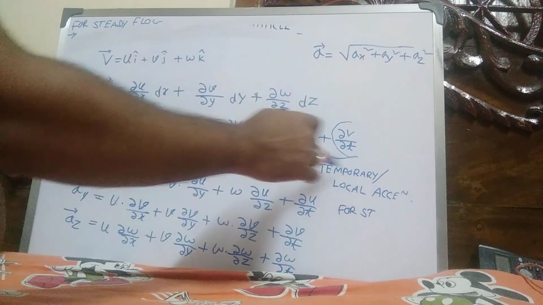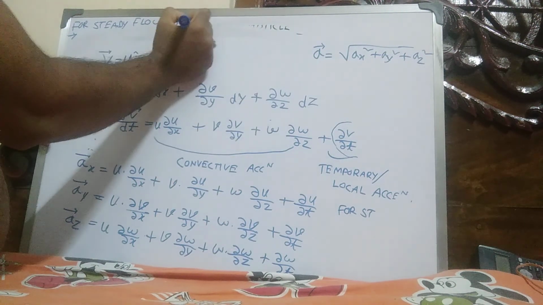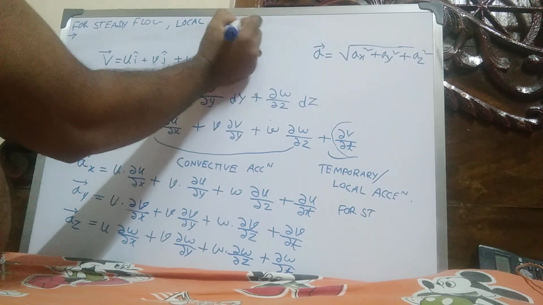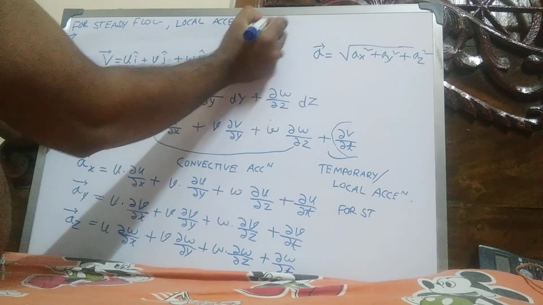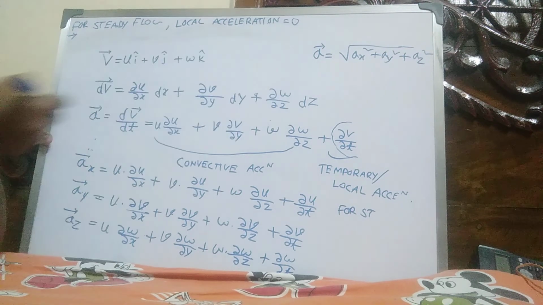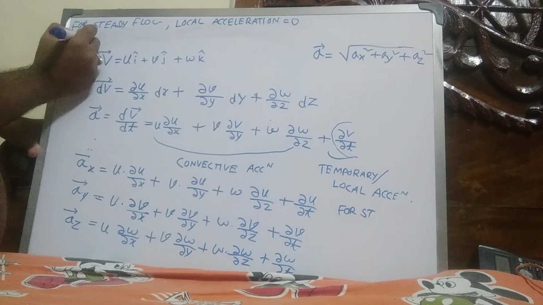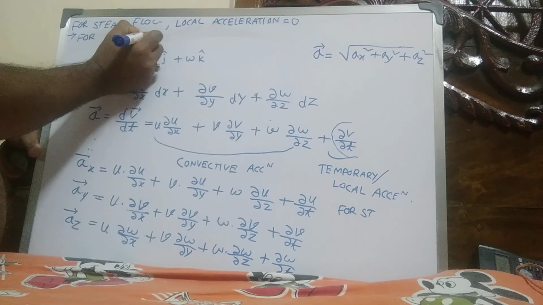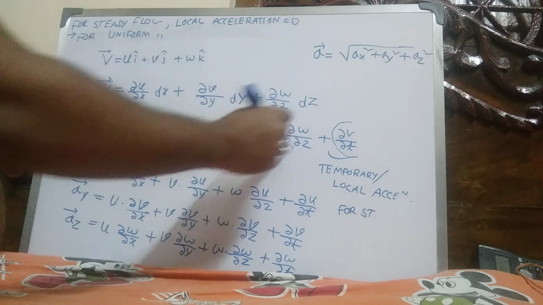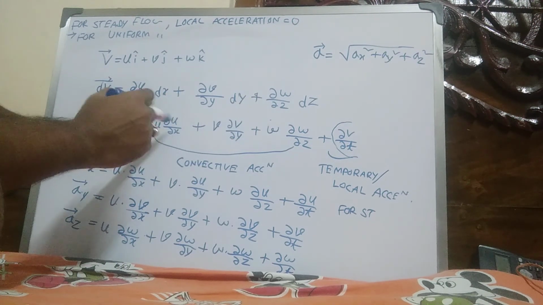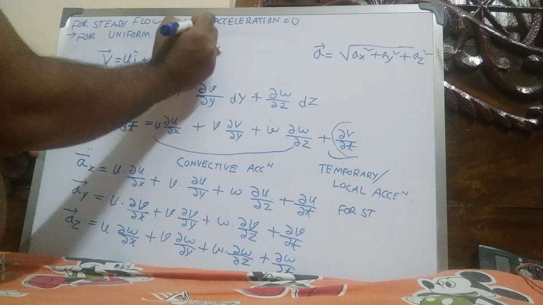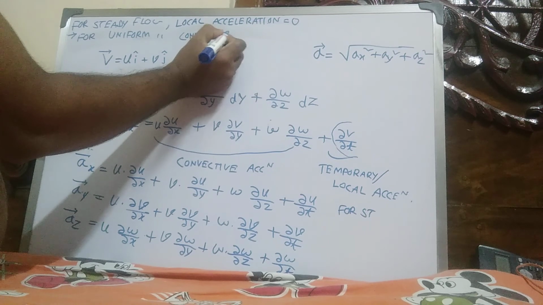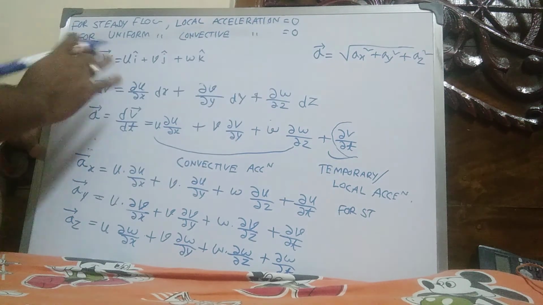For steady flow, the local acceleration equals 0, and for uniform flow the velocity with respect to space is 0, so convective acceleration equals 0.